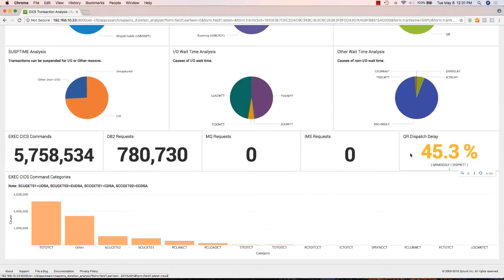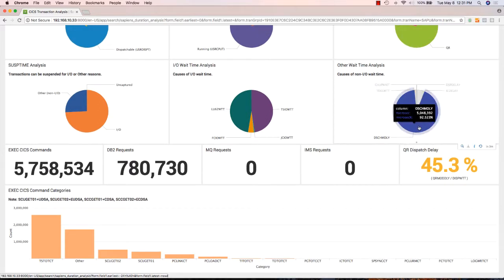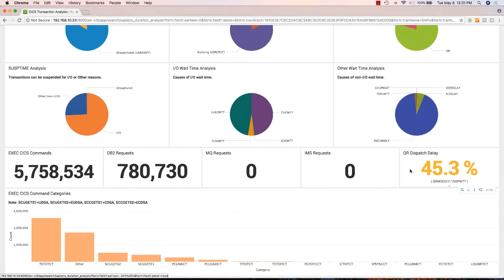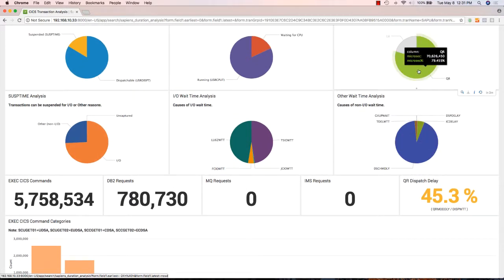But let's go over here to the right side and look at dispatcher delay. We said that we know there's some sort of a dispatching delay going on here. It's the biggest cause of non-IO wait time. And so if you have an application that is heavily dependent upon the QRTCB and dispatcher delay is your highest reason for waiting for non-IO reasons, just do the math. 45% of the dispatcher delay time was waiting on the QRTCB to become available.